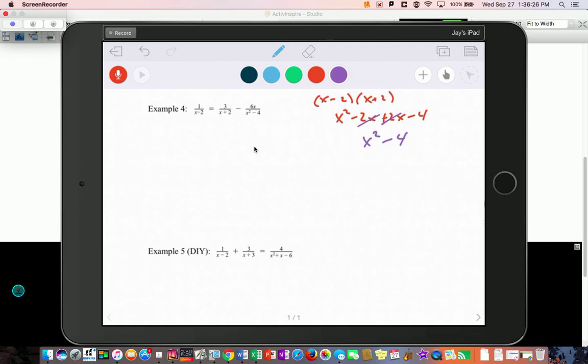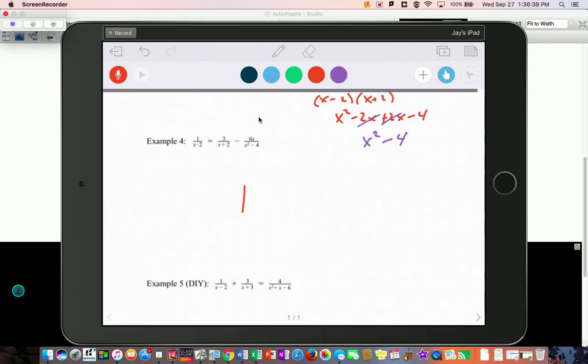We'll notice that those two things multiply to give you the third denominator here, so that's usually what's happening. So what I'm going to do is write x minus 2 at the top, x plus 2 at the top of each one of these. You don't have to write it out this way, it's just I like to for the visual.